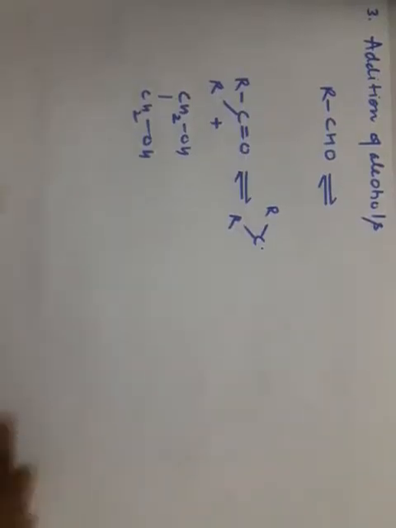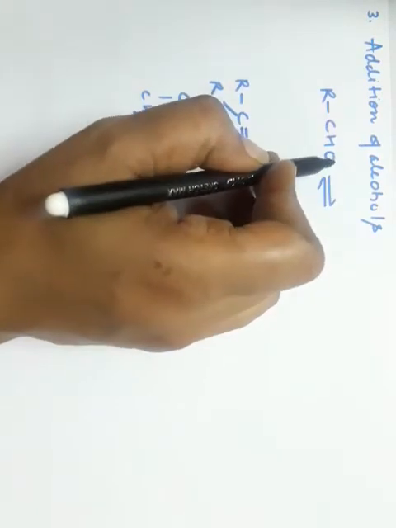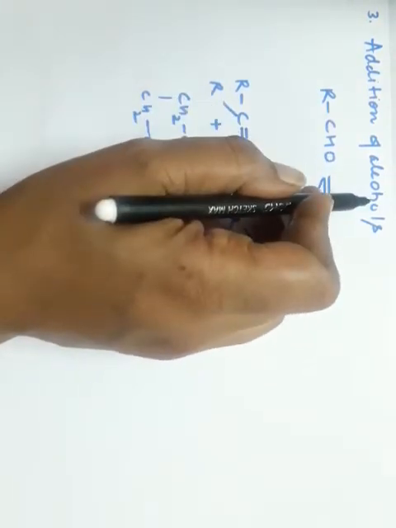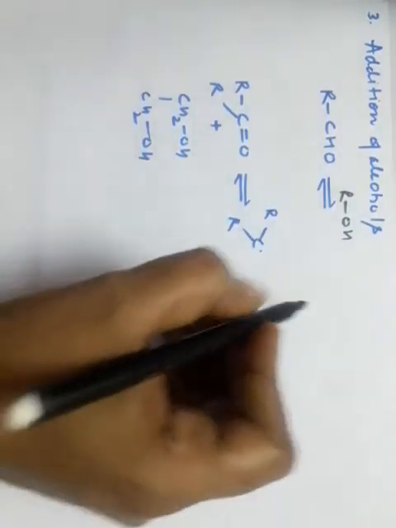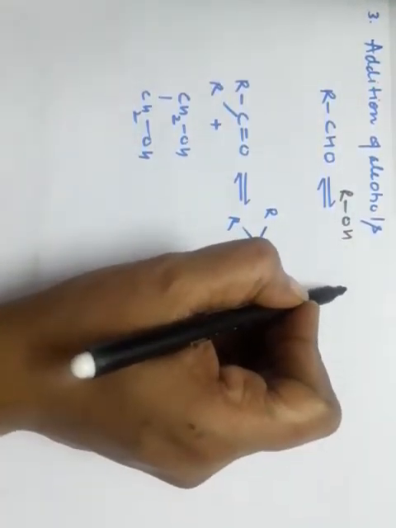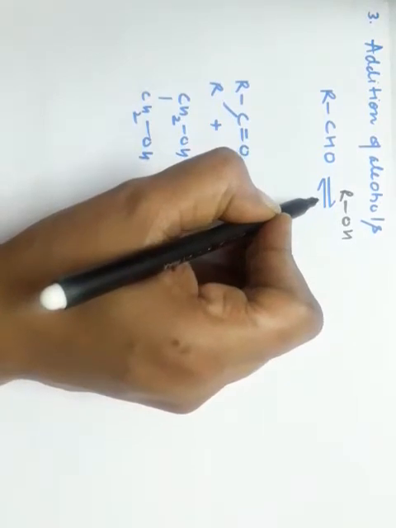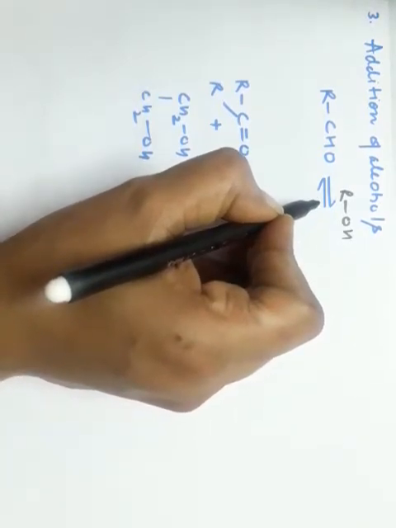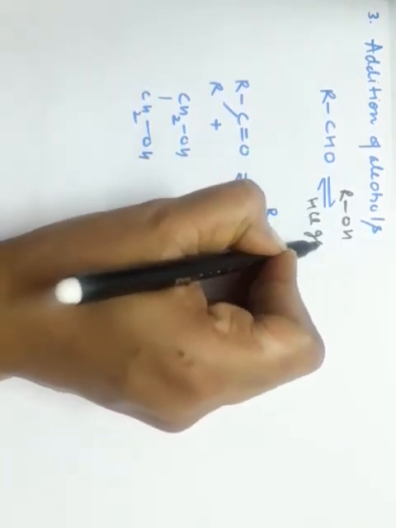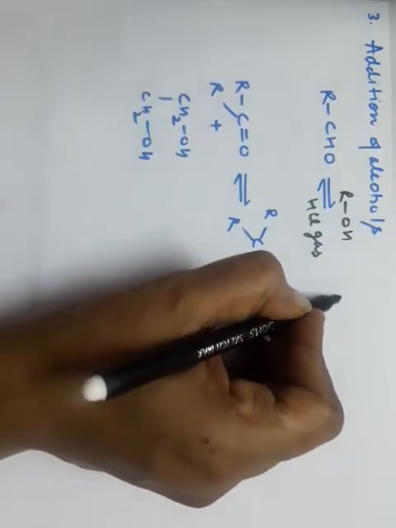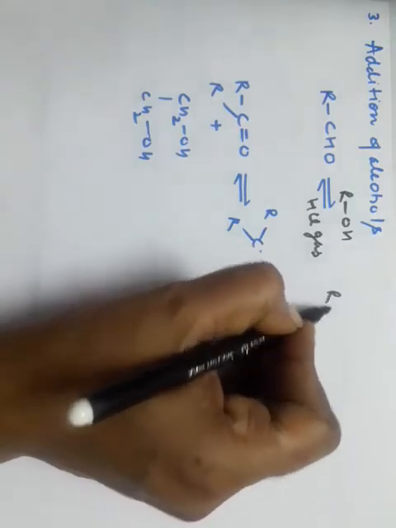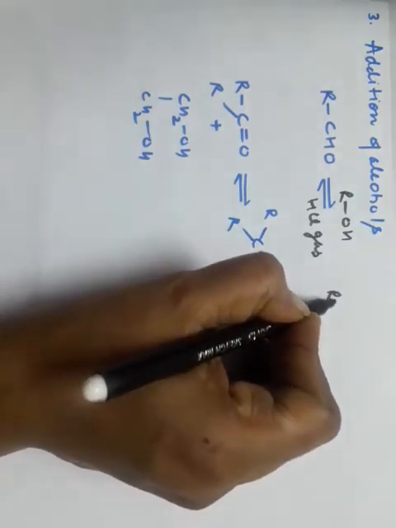Now the reaction of aldehyde or ketones with alcohol. Let's take the example of any alcohol. Again, the addition reaction takes place, in the presence of hydrogen chloride gas. The same mechanism goes on, and the compound formed is like this.